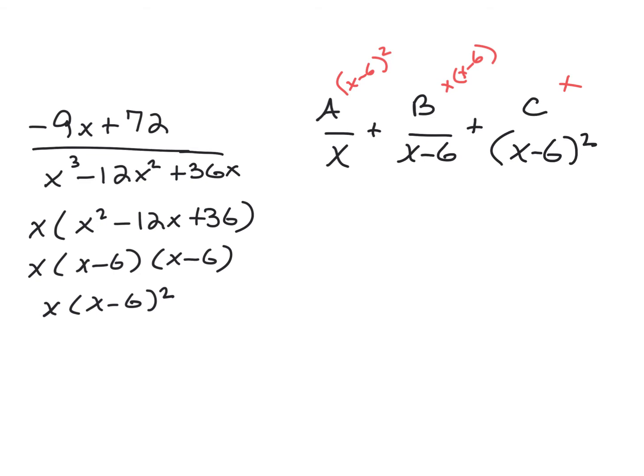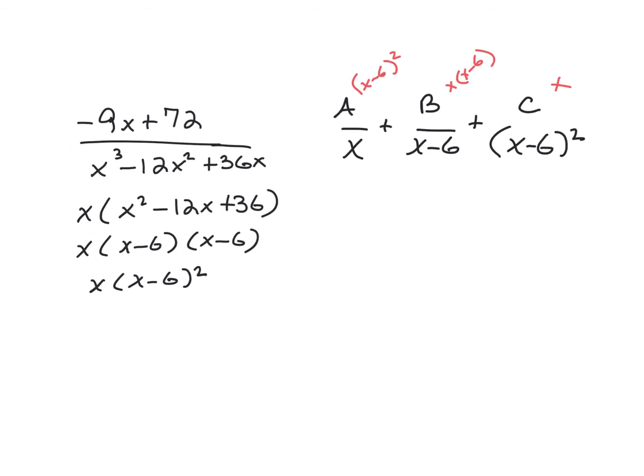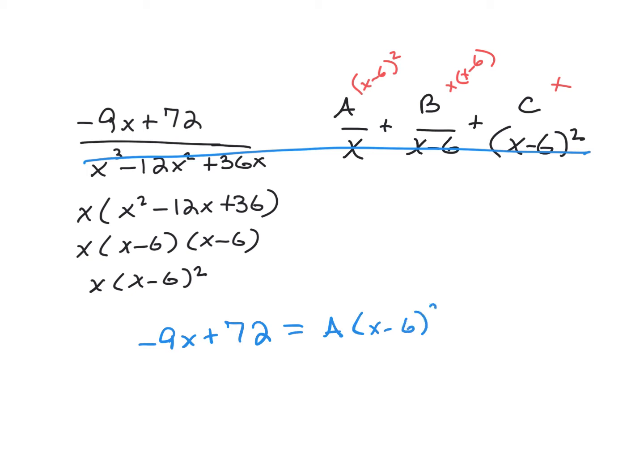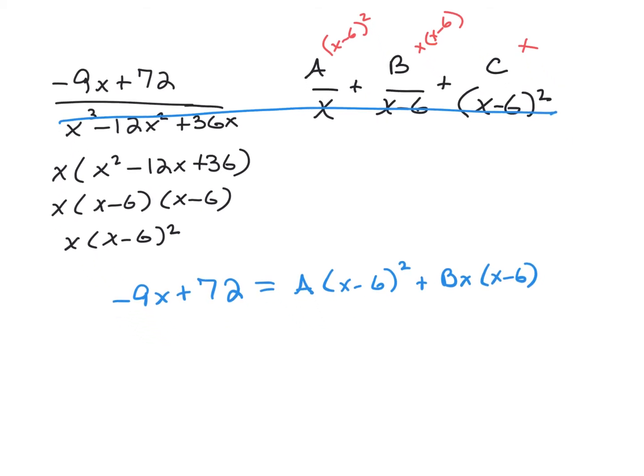So now I'm going to set up the equation that I'm going to be solving, and you're going to get points for the setup. So again, once we've figured out what each one is missing, we no longer need the denominator. So then now I'm going to set up negative 9x plus 72 equals A times x minus 6 squared plus Bx times x minus 6 plus Cx.